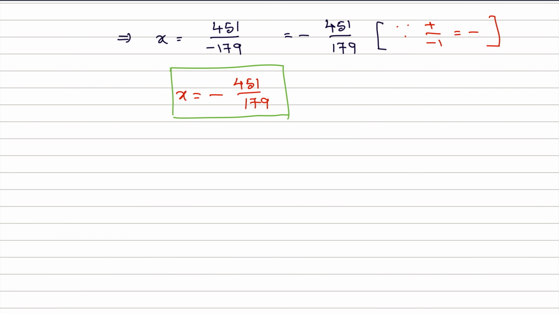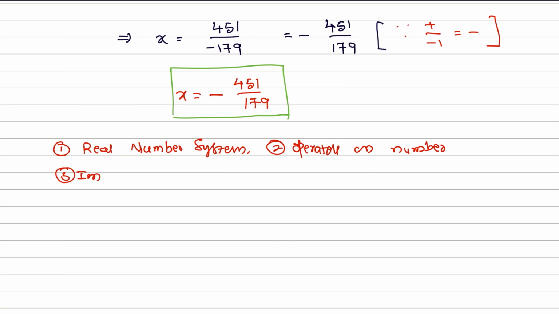Until now what we have learned: one is the real number system. About the real number system we have learned, and we have learned the operators in the real number system, operators on numbers like addition, subtraction, multiplication, division, importance of 0 and infinity.